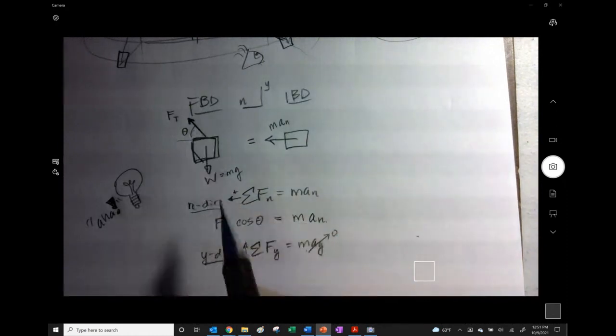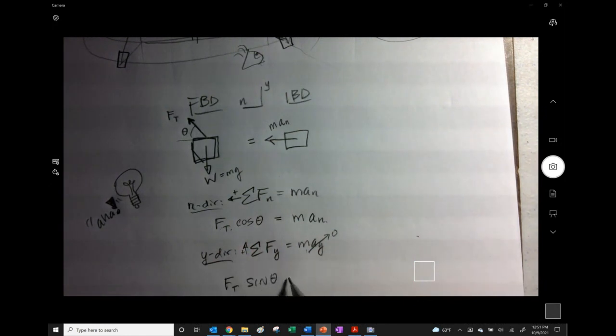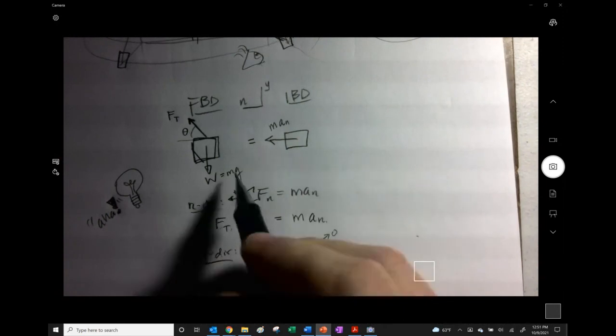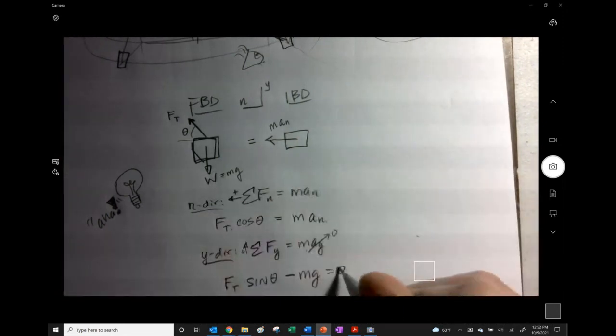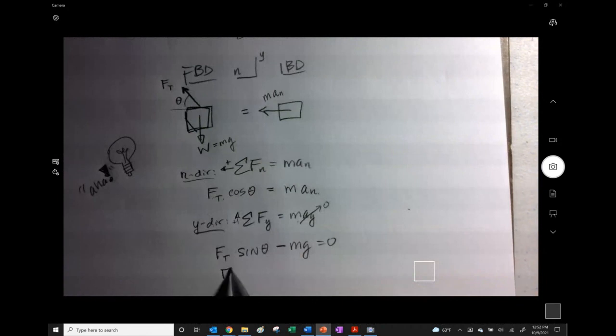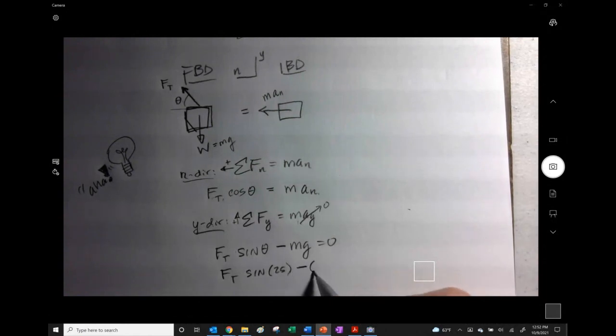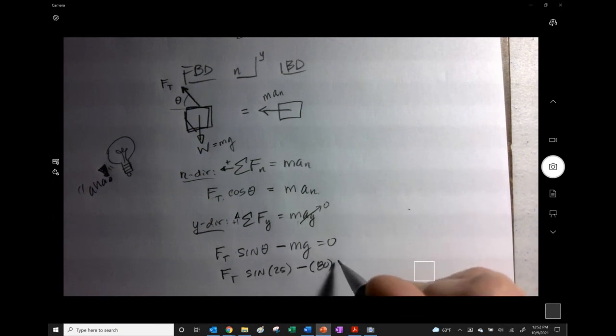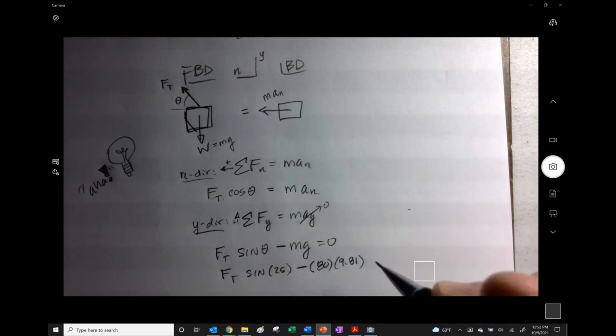So all we do is come up to here and we say, all right, we have Ft times the sine of theta minus mass times gravity, because it's going downwards, equals 0. So we could find Ft times the sine of the 25 degrees they told us, minus the mass of 80 times 9.81, because we're in SI units.